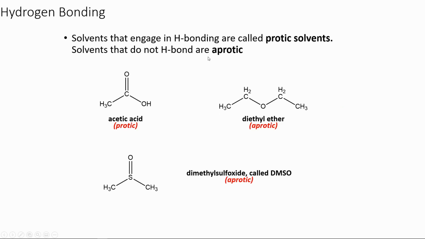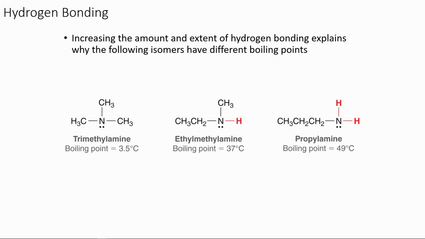Hydrogen bonding also affects the boiling point of a molecule. So in trimethylamine, we have a methyl group attached to each of the sites of the nitrogen. We have no hydrogen bond donors, very low boiling. Ethylmethylamine, we have a nitrogen-hydrogen bond, so we have a hydrogen bond donor, and this is going to be able to donate to another lone pair on a different nitrogen.